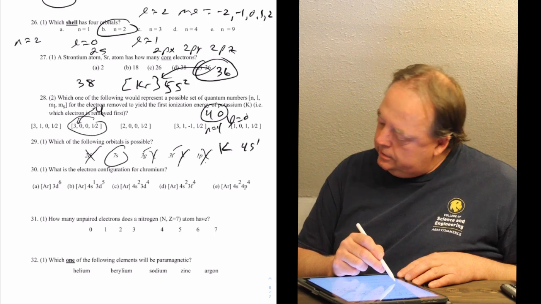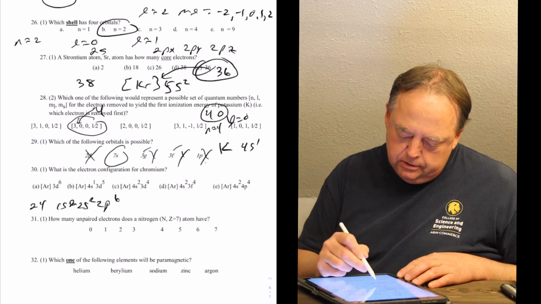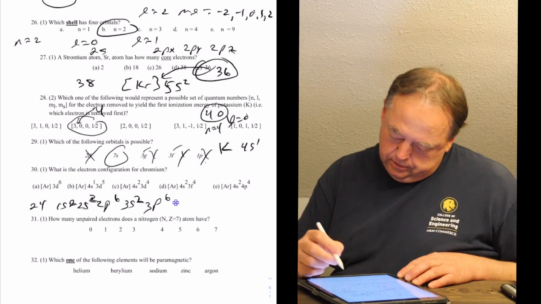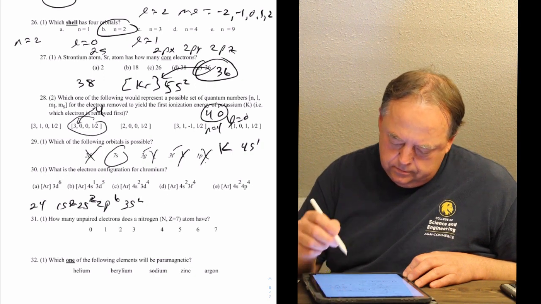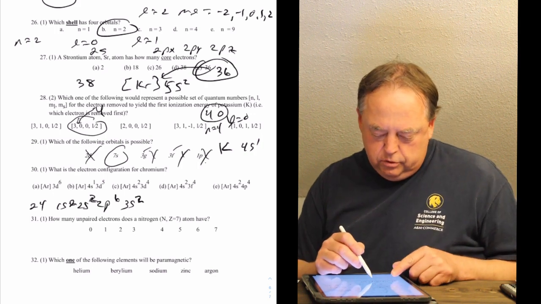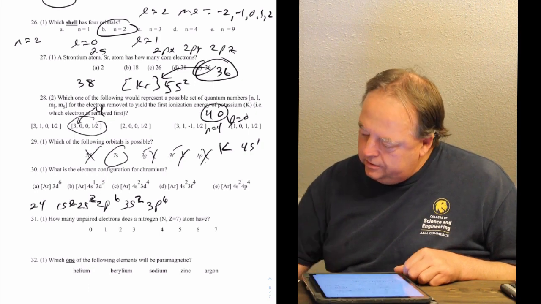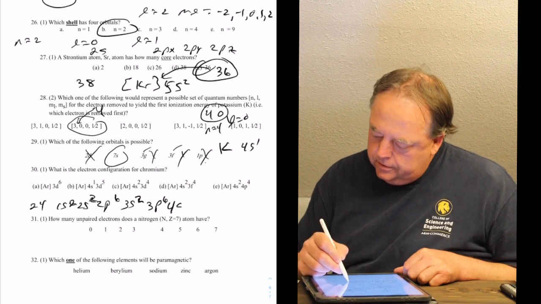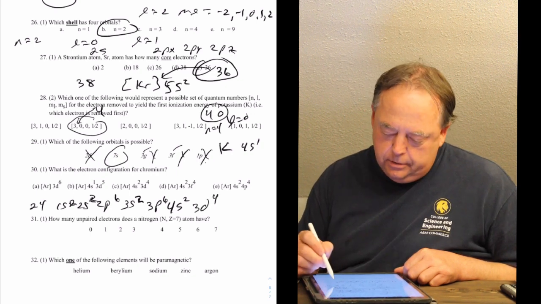Okay, cool. Chromium, atomic number 24, would be 1s2, 2s2, 2p6, 3s2, 3p6. If it was normal, but it's not normal.